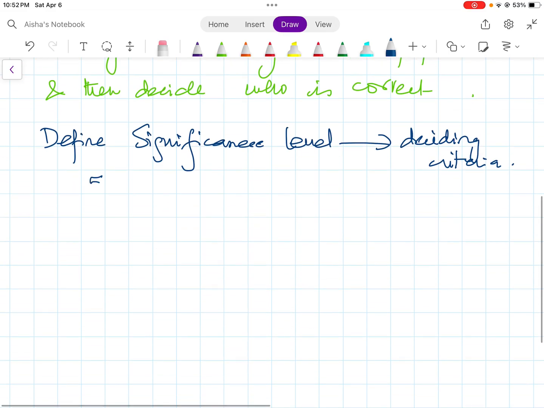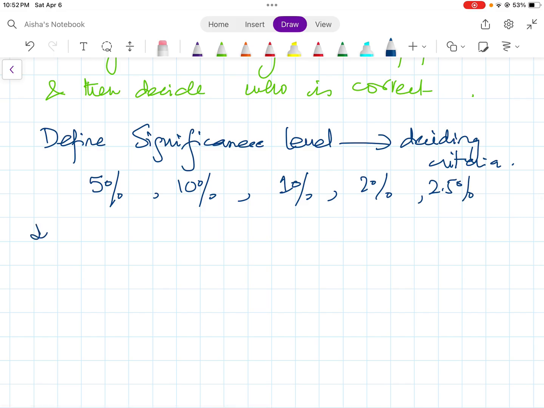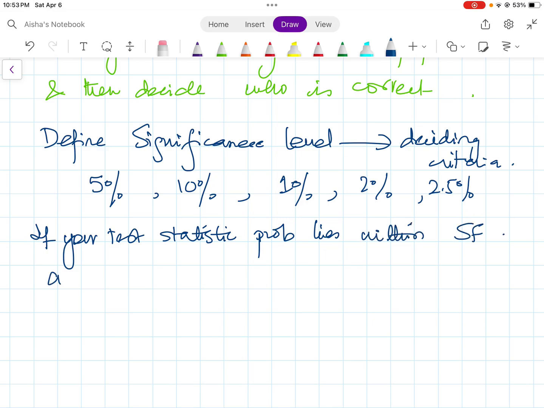So let's suppose this is your 5% significance level, 10% significance level, 1% significance, 2%, 2.5, it can be anything, right? If your test statistic probability lies within significance level, accept the alternative hypothesis, and lying within significance level basically means you lie in the critical region.